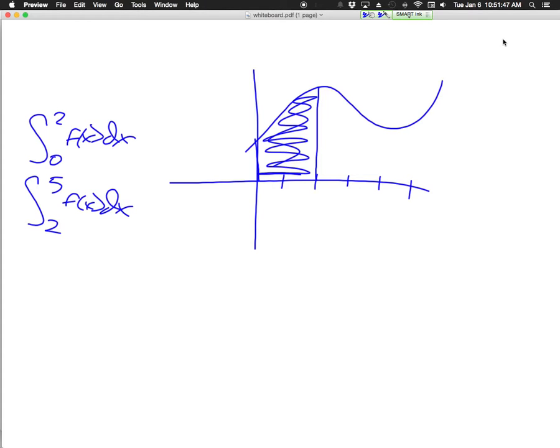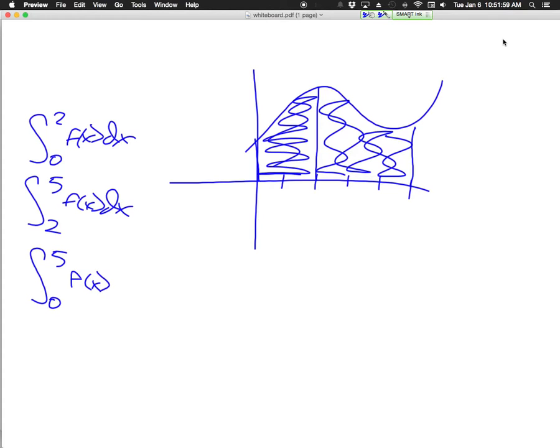So 2 to 5, 3, 4, 5. That would be that. Doesn't it make sense that if I want the integral from 0 to 5, what would I need to do with these two pieces? Add them up. So that's all this is saying. If I've got 0 to 2 and I've got 2 to 5 and I want 0 to 5, I just need to add these two pieces to get the whole. That's all that property is saying.